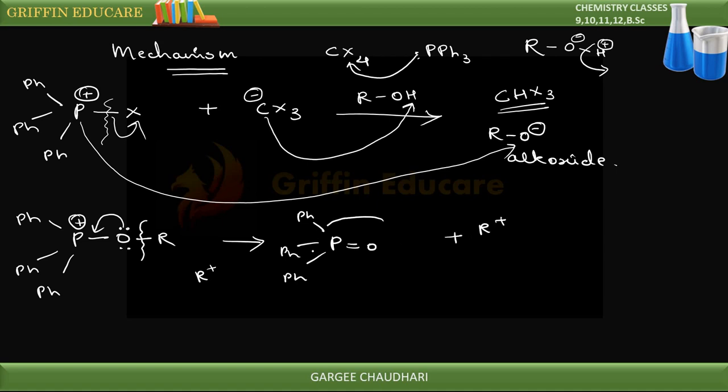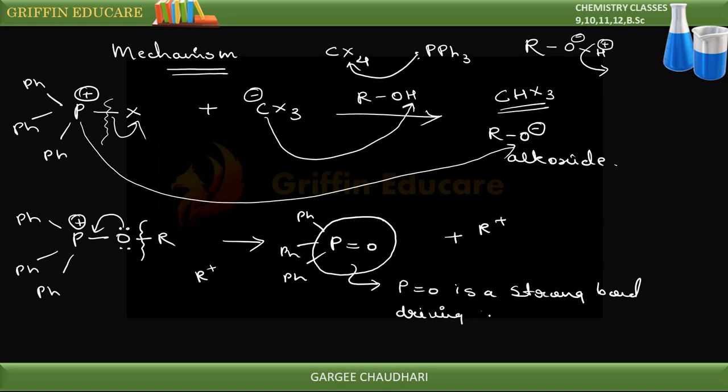Now this is a driving force. The formation of P double bond O is the lone driving force of this reaction. This is a strong bond, and the driving force of this whole reaction.